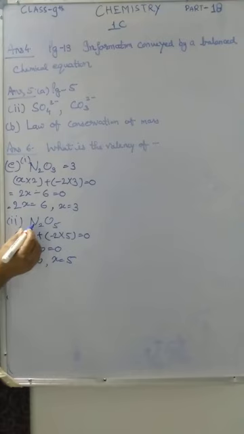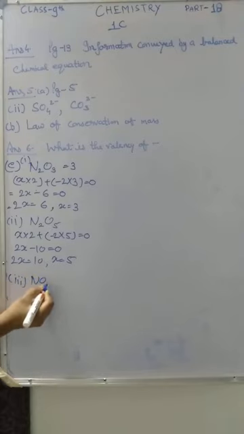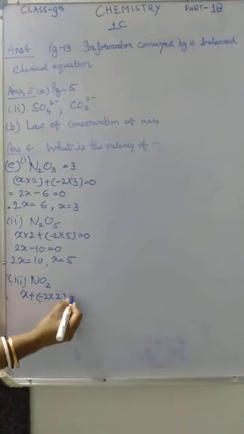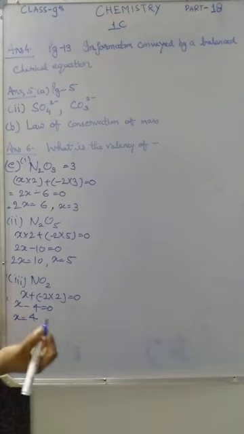It is combining with 5 atoms of oxygen, so the valency will be 5. Now third one, NO2: x plus minus 2 into 2 is equal to 0. So x minus 4 is equal to 0. So x is equal to 4. So valency will be 4.